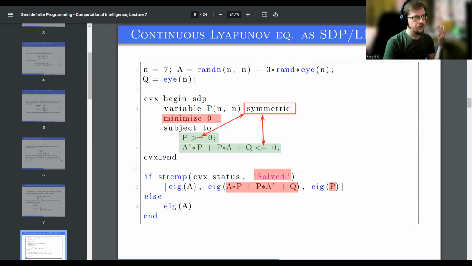Easy to fix and easy to catch if you print eigenvalues. An important part of working with LMIs is to distrust yourself and keep printing eigenvalues. At some point you feel like, oh, I know what I'm doing, I don't need to print eigenvalues. And that's when you start to make mistakes. So keep printing them. Not so difficult.